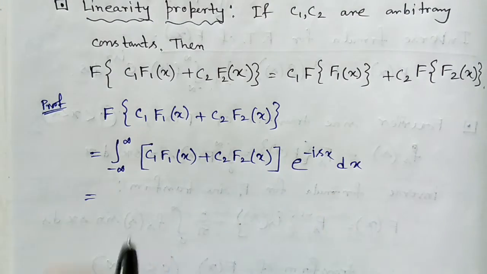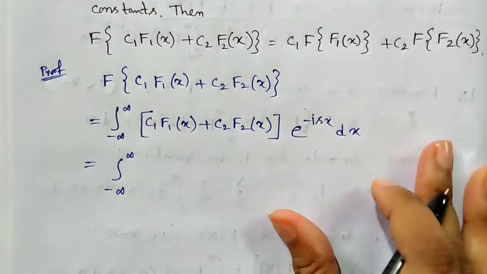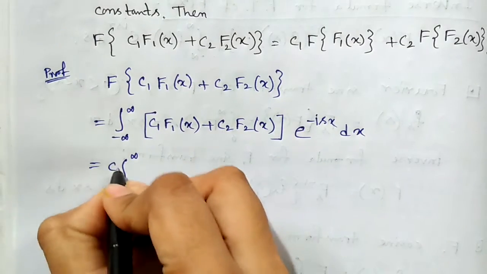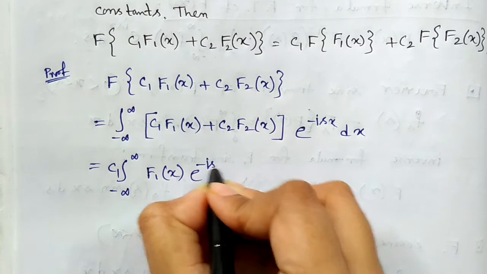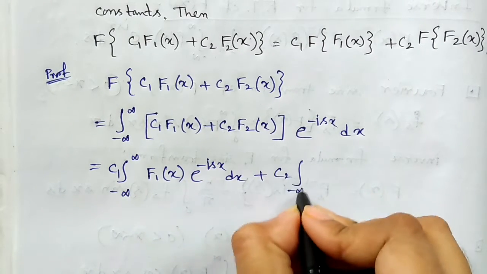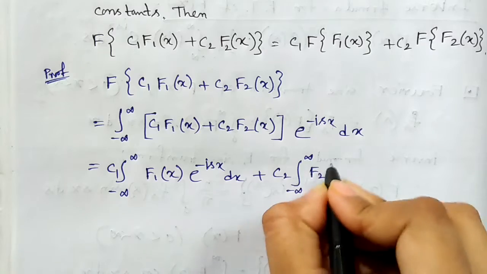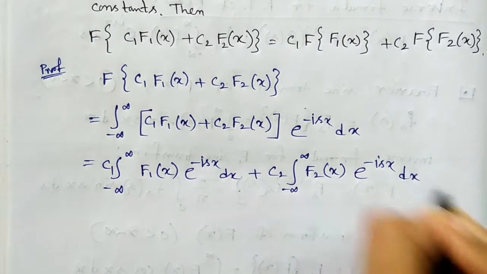Just split it into two terms: the integral of C1 f1(x) e to the power minus isx dx plus C2 times the integral of f2(x) e to the power minus isx dx.